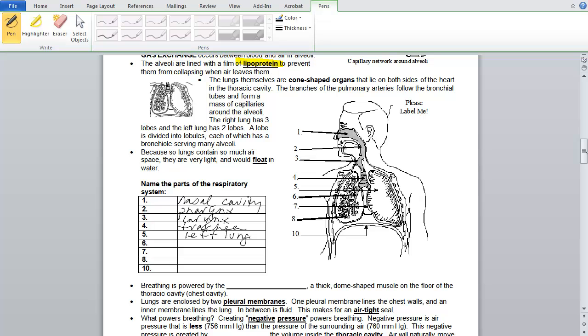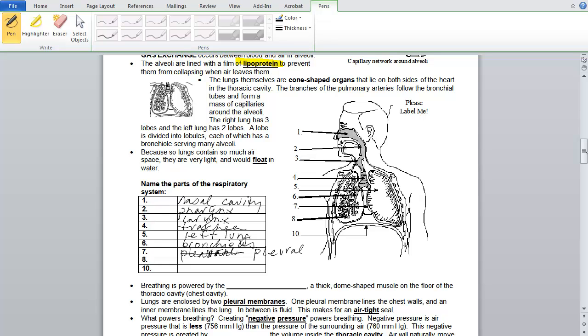Number 6, bronchioles. Number 7, pleural. P-L-E-U-R-A-L, pleural. I know, you know what? Sorry. No A. Let's start all over again.